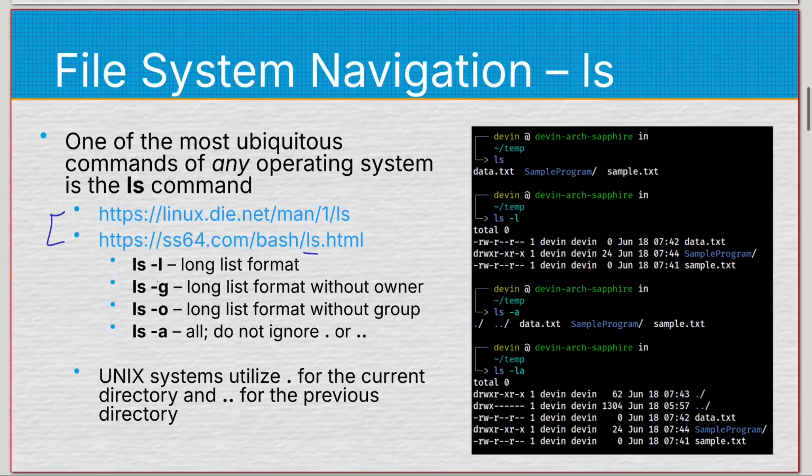One more ubiquitous one here is ls minus l. You will see me do it like this very frequently. If you run ls by itself up here at the top, it just gives you the actual contents. So you can see I have two text files and a directory. Not a big deal. But if I do ls -l, I get a whole lot more information. I get the actual owners, the groups, file size and everything.